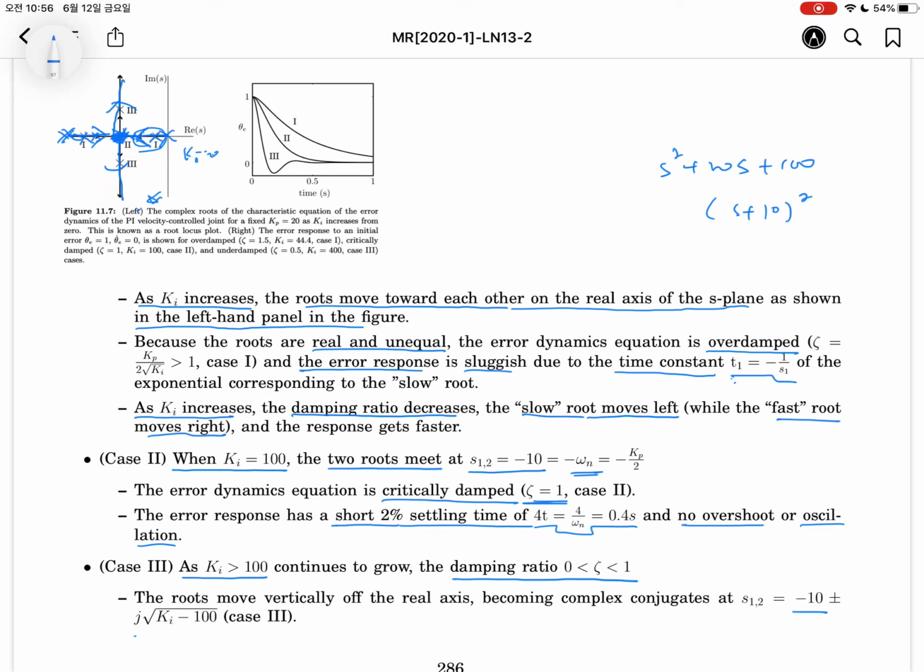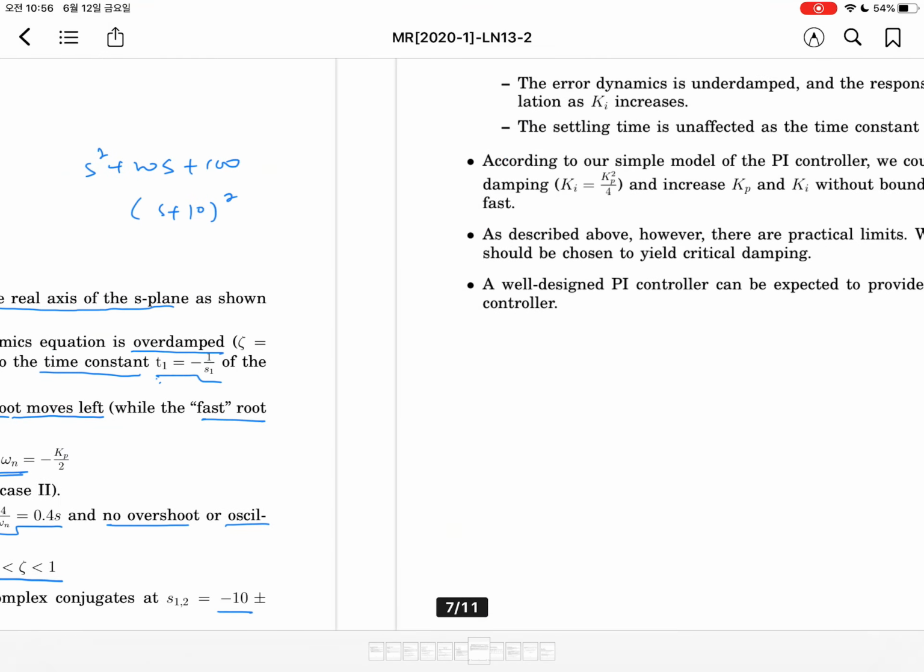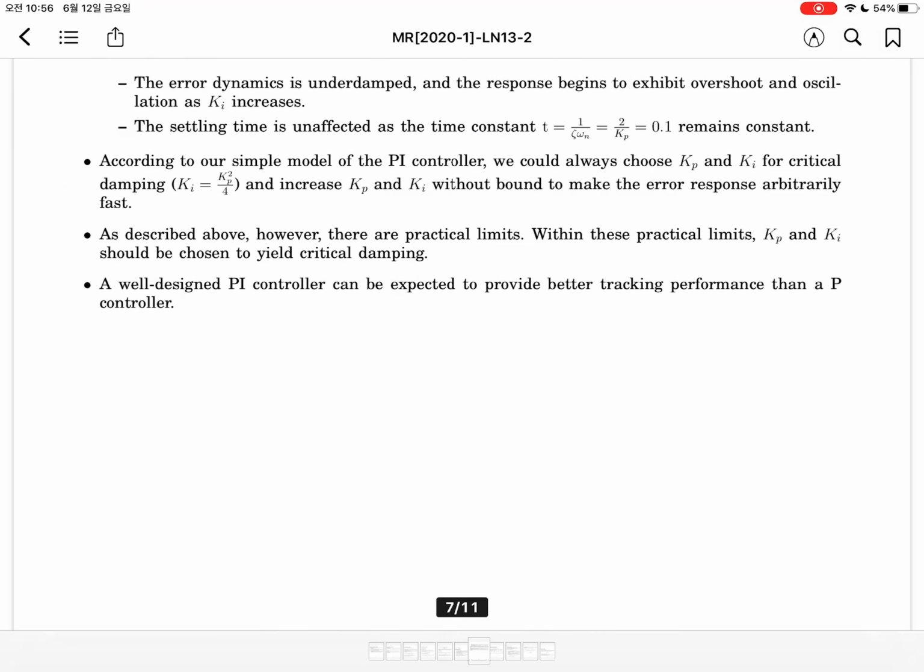So the complex poles will be minus 10 plus or minus j times the square root of Ki minus 100. In this case, the system is underdamped, and the response begins to show overshoot and oscillation, as the damping ratio becomes smaller.